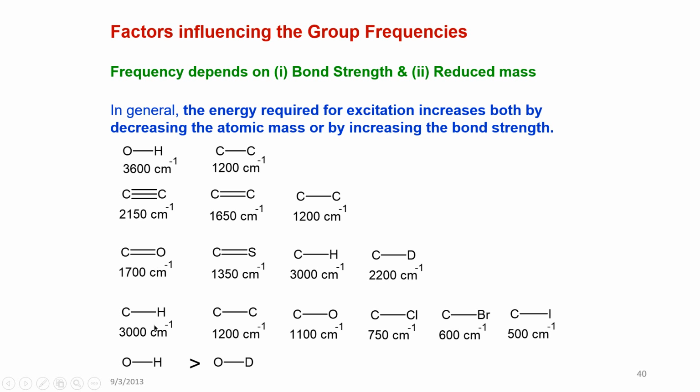That means you can see here, for the atoms which are attached to carbon atom, that is CH, C double bond C, CO, Cl, CBr and CI, the atomic mass of these atoms which are attached to carbon is in the increasing order, and hence the peak value is decreasing.